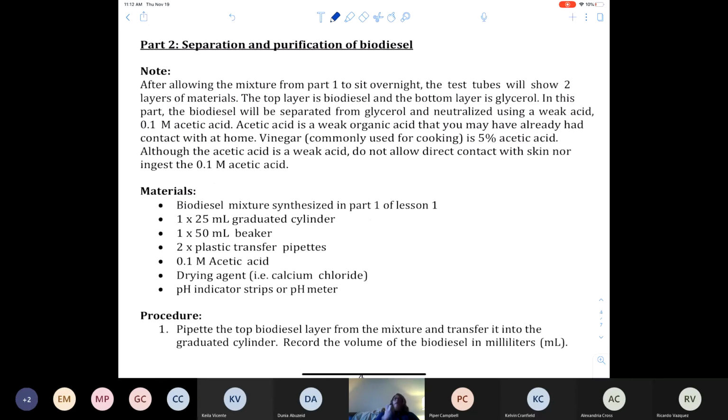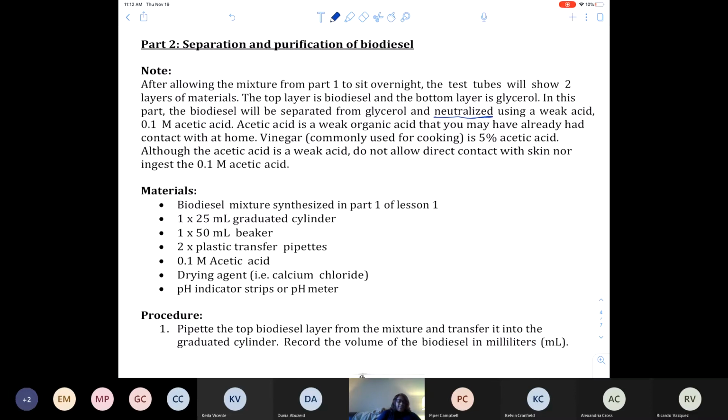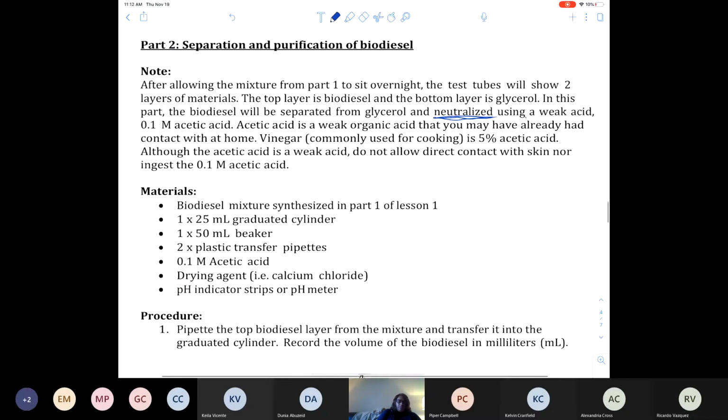So you'll watch 2 videos on the synthesis of the biodiesel. And then the next part, part 2, is the separation of the glycerol away from the biodiesel. And then the biodiesel is purified by neutralizing it with the weak acid, acetic acid.